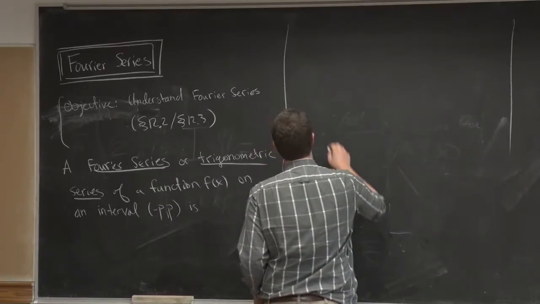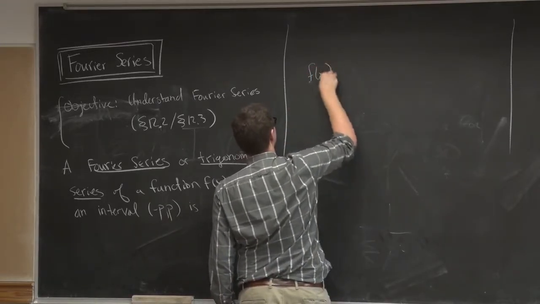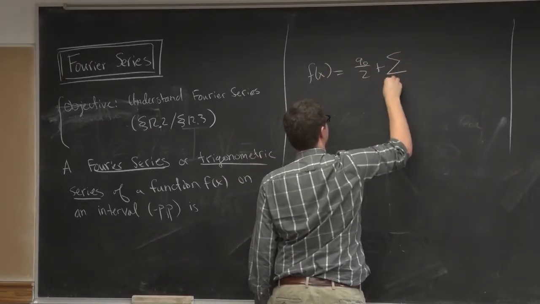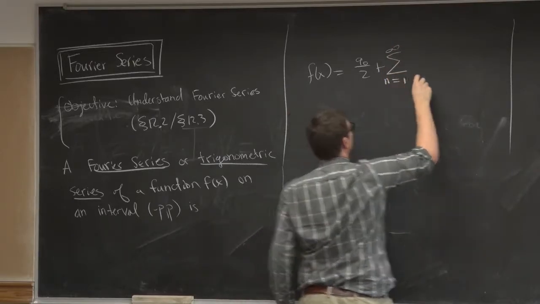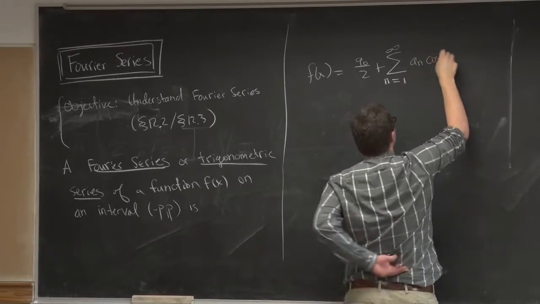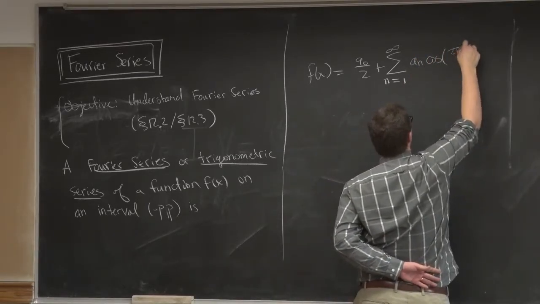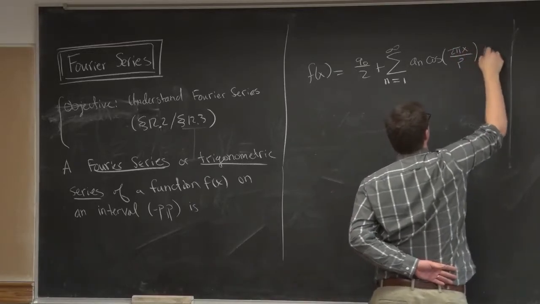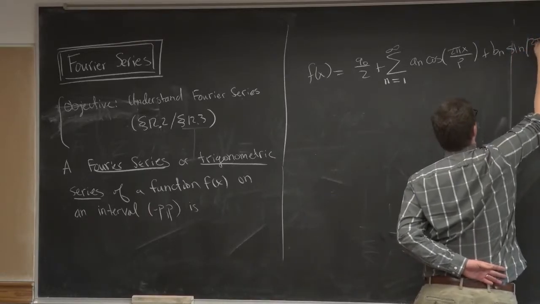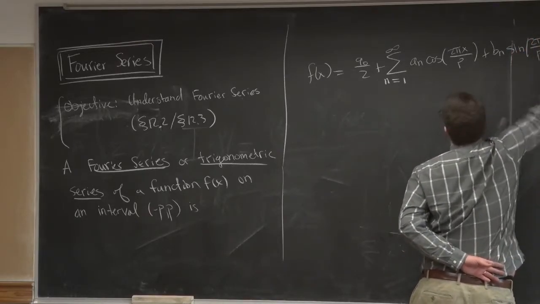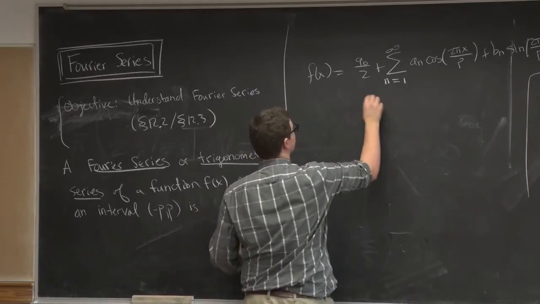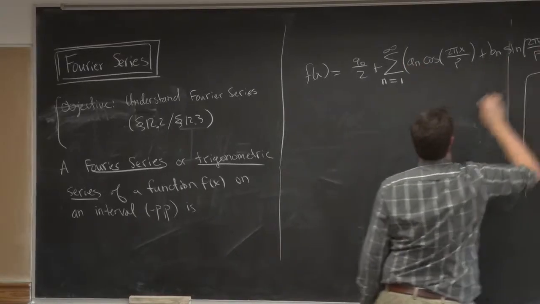It's an expression of f of x as a sum like this, and then we're going to express it as a sum: an cosine 2 pi x over p plus bn sine 2 pi x over p. Okay, like this.